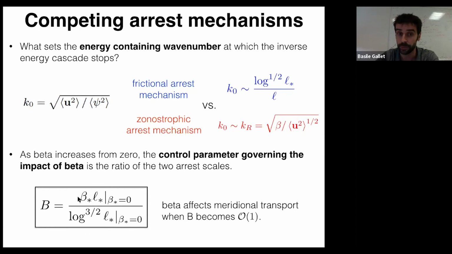It's proportional to beta star. That's the only dependence on beta star. And then all these quantities here are values when beta star equals 0, which means these are functions of the drag coefficient, either linear drag or quadratic drag. This is just linear in beta star. So I'm predicting that beta should affect meridional transport when this B becomes of the order of 1.